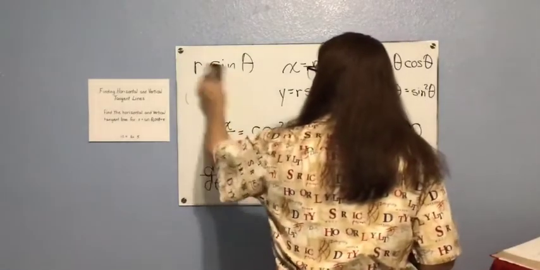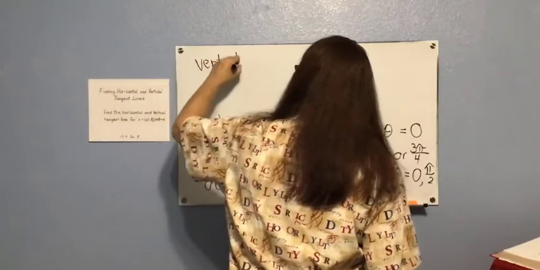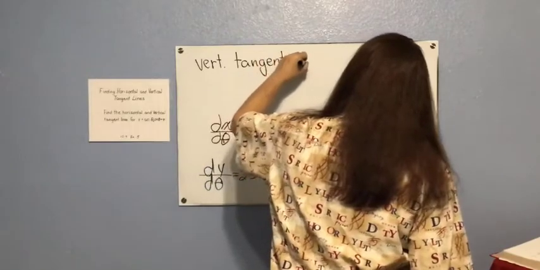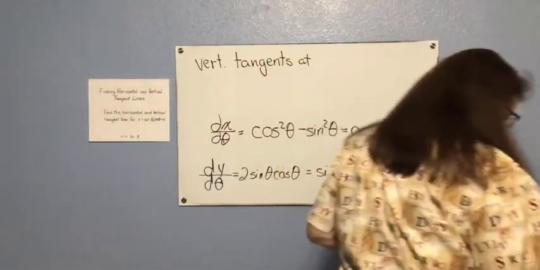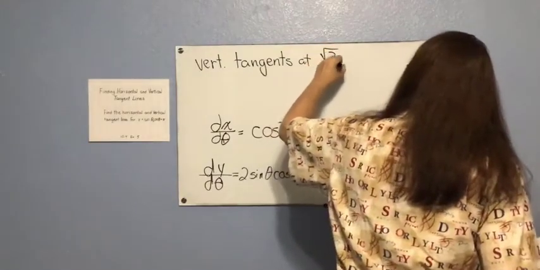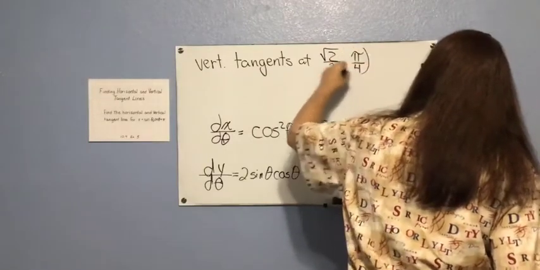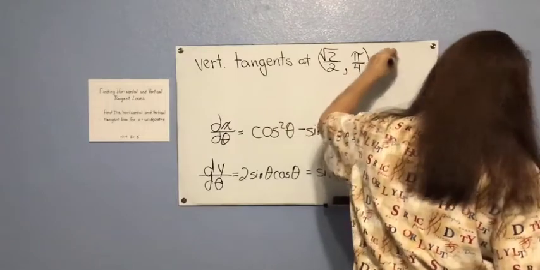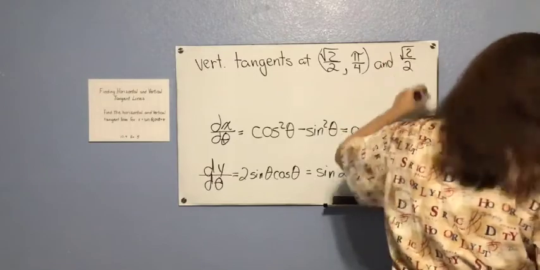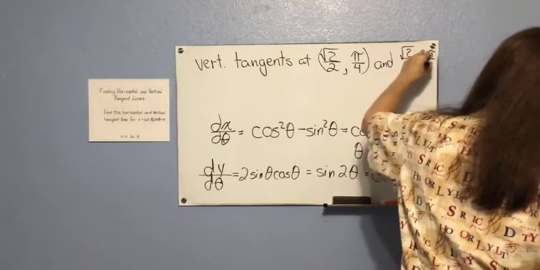So what does this tell us? We have vertical tangents at square root of 2 over 2, pi over 4 and square root of 2 over 2, 3 pi over 4.